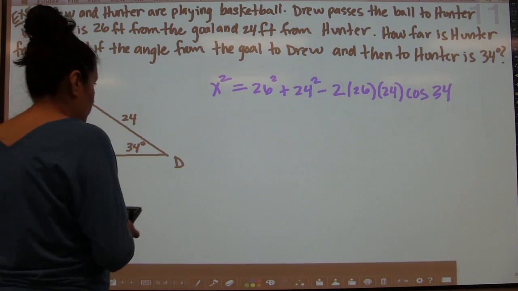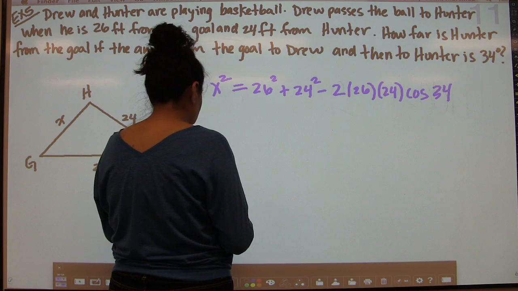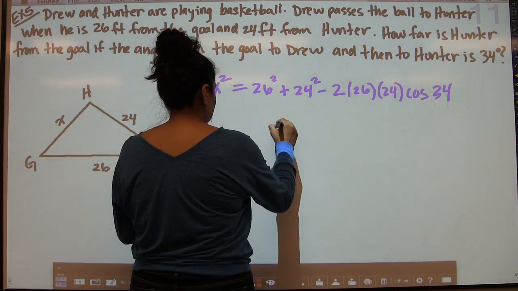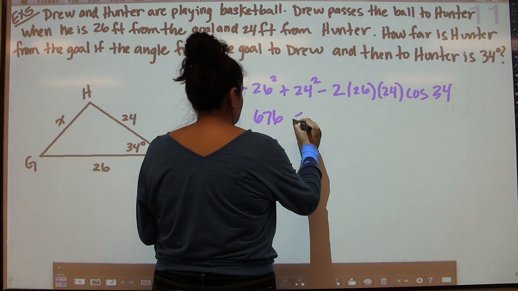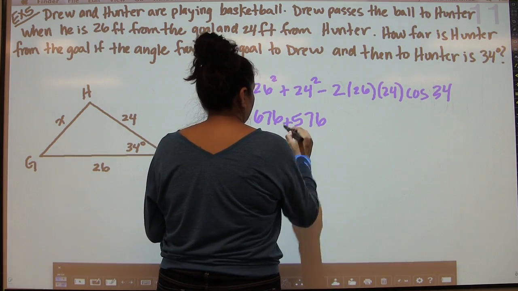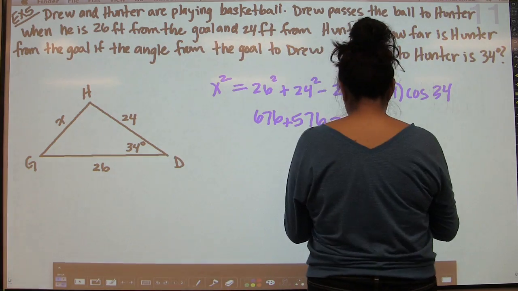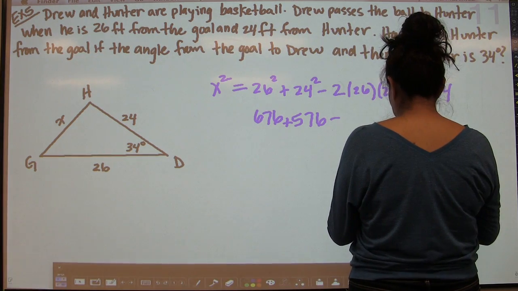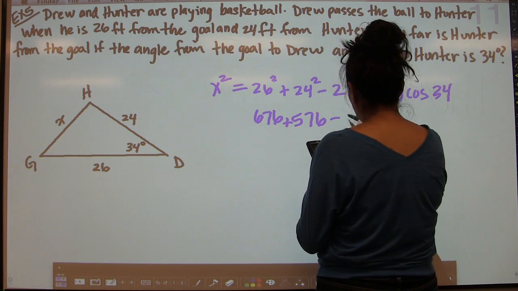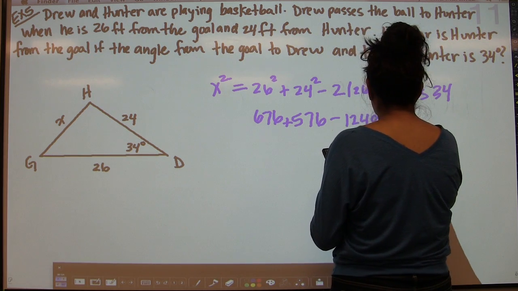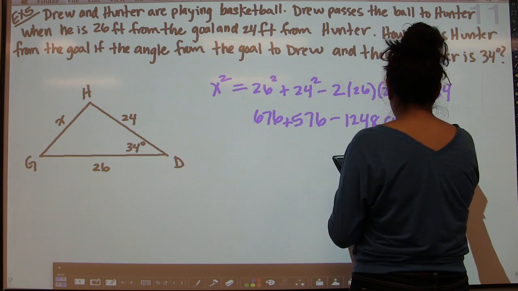And now we're going to just do the math here. This time, hopefully, we won't do it wrong. 26 squared is 676. 24 squared is 576. And then minus, let's do this right, 2 times 26 times 24 is 1248, cosine 34.